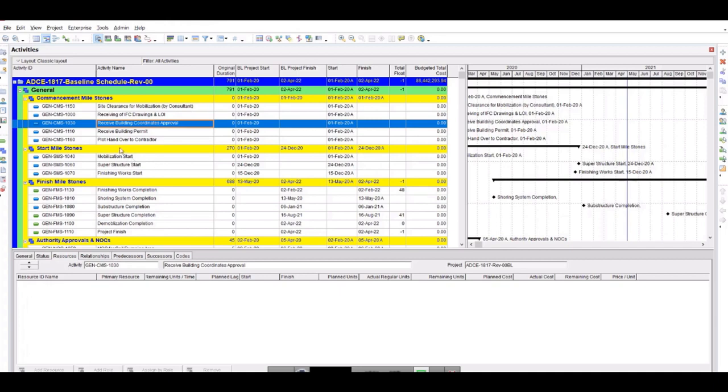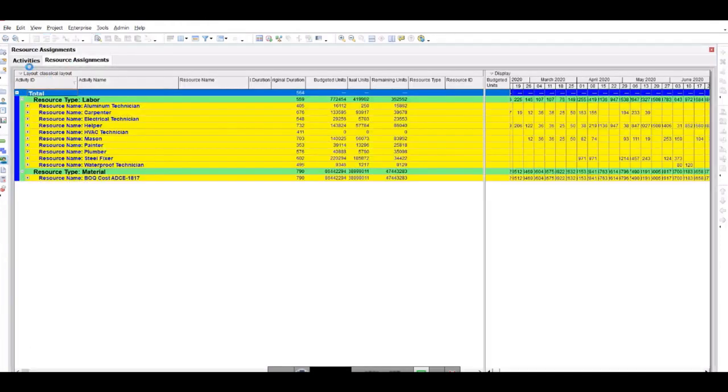For that we need to go into the resource assignment, and we discussed in part 2 the difference between the activity window and the resource assignment window. This is the fact table, this is a dimension table. Whenever the term resource comes, it is not going to give us any data related to earned value. It is going to give us data only related to resource management, and the difference between resource management and earned value is simply the performance.